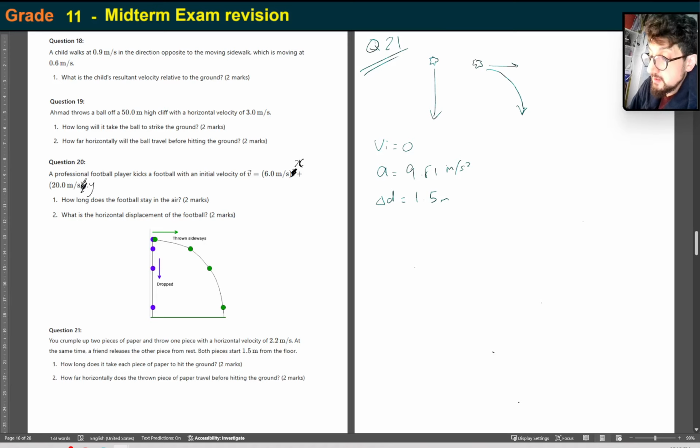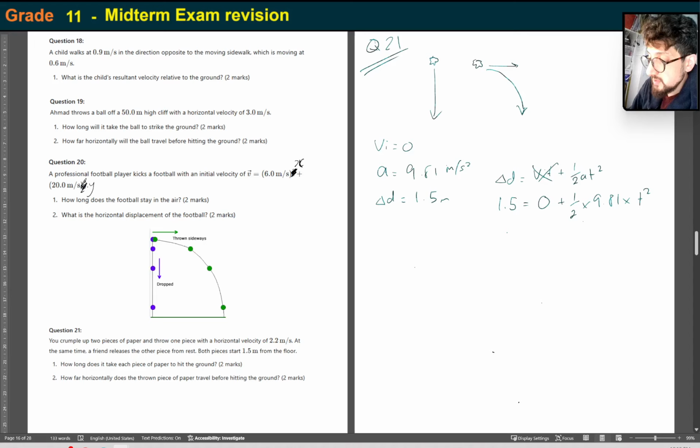Okay, delta D equals vi t plus half a t squared. 1.5 equals 0, because vi is 0, plus half times 9.81 multiplied by t squared.